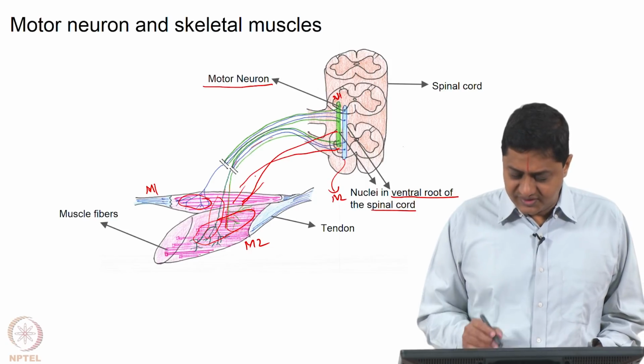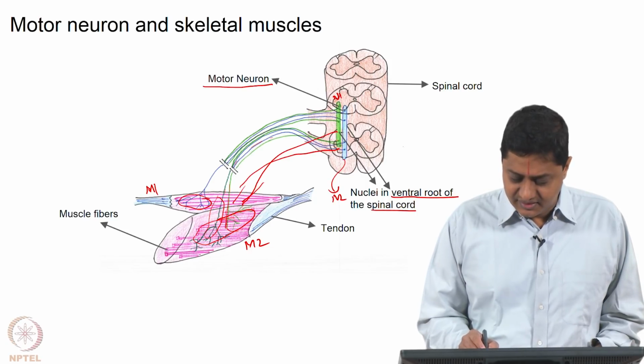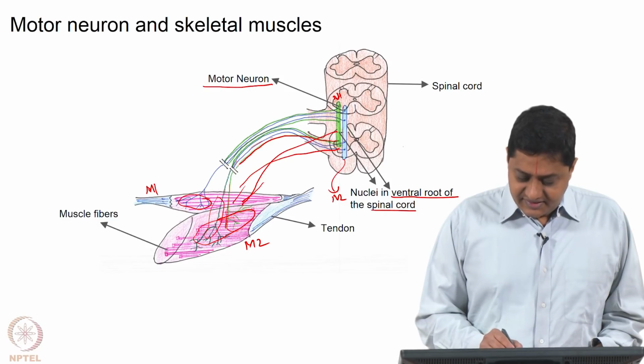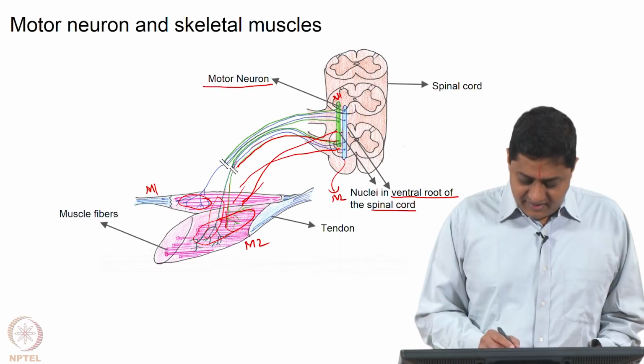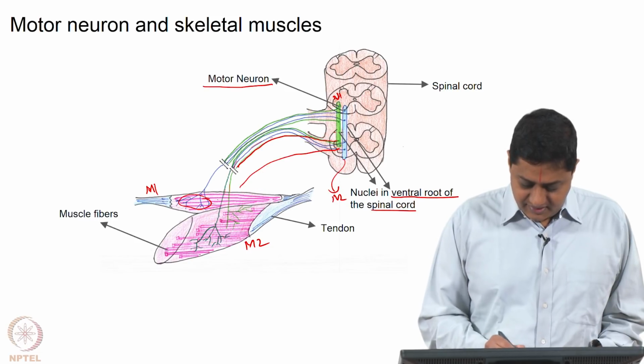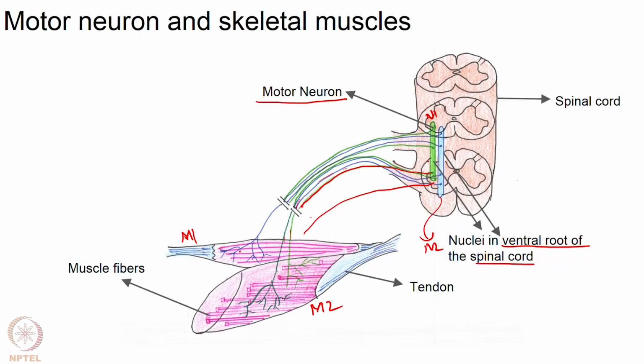What is also true is that they exit from the spinal cord as a nerve in one bundle, and then as they get closer to the muscle, you see branching happening here, and a sufficient number of branches happen here, and they innervate multiple muscle fibers.